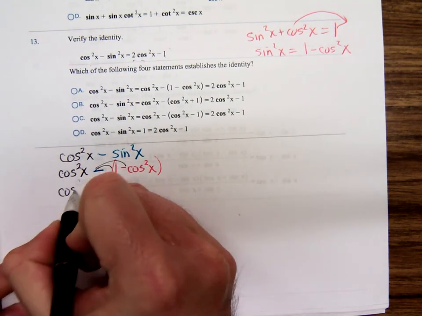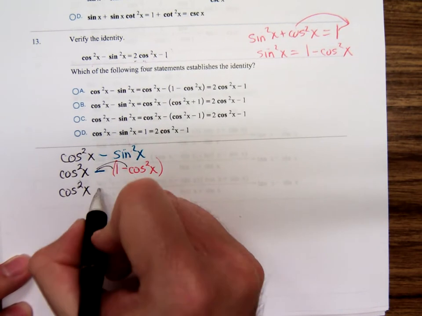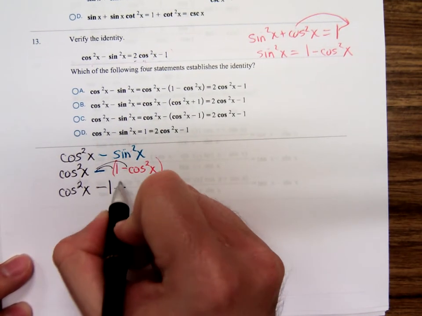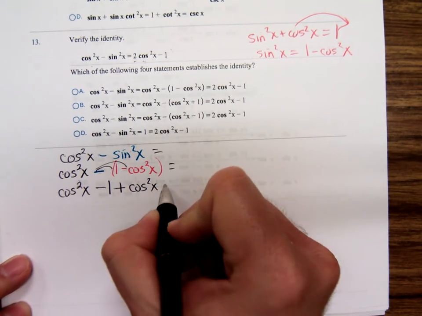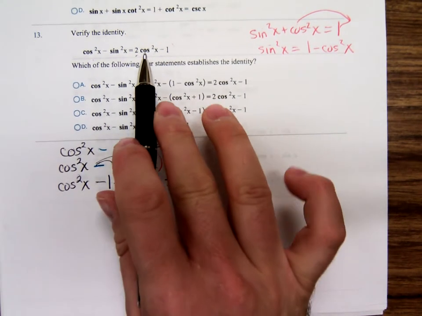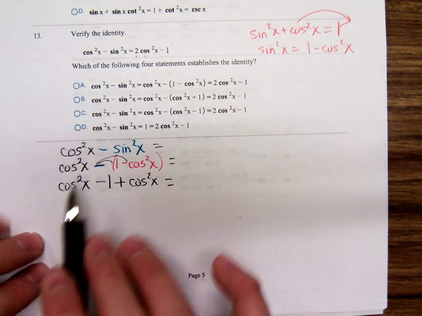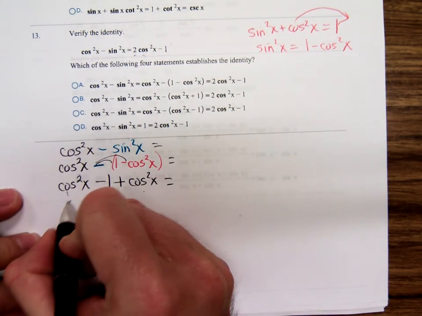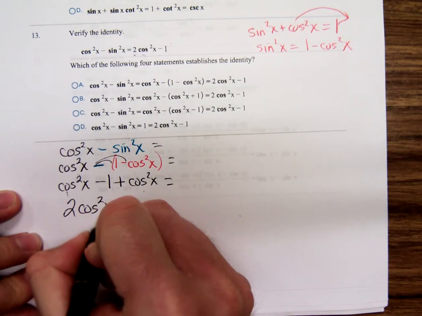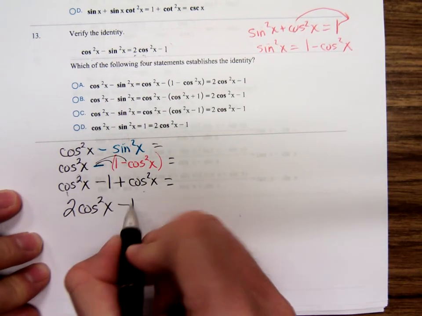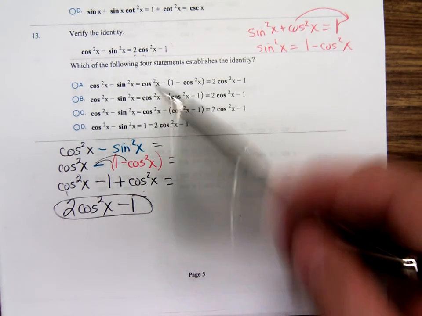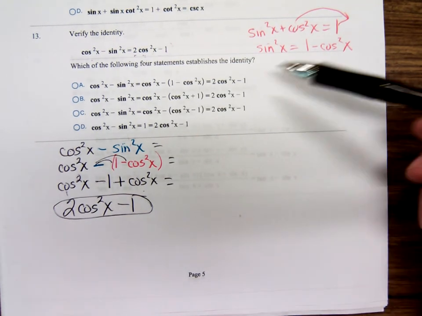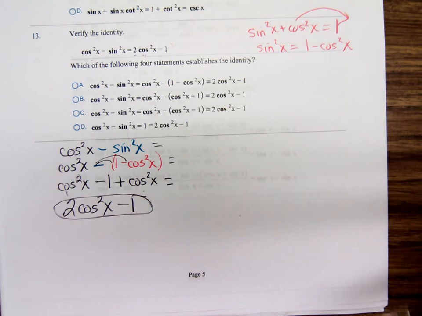So we have cosine squared x minus 1, and then plus another cosine squared x. And are we pretty much going to have this statement here now? Cosine squared x plus cosine squared x is 2 cosine squared x minus 1. So which one of those went through these steps? And in order to keep these things short, you're going to notice that they're sort of skipping a few steps here and there, okay?